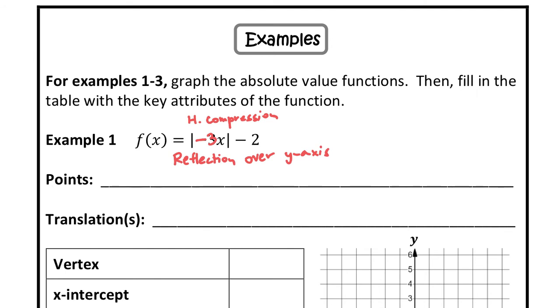And then there is -2. So that's creating a vertical translation down.